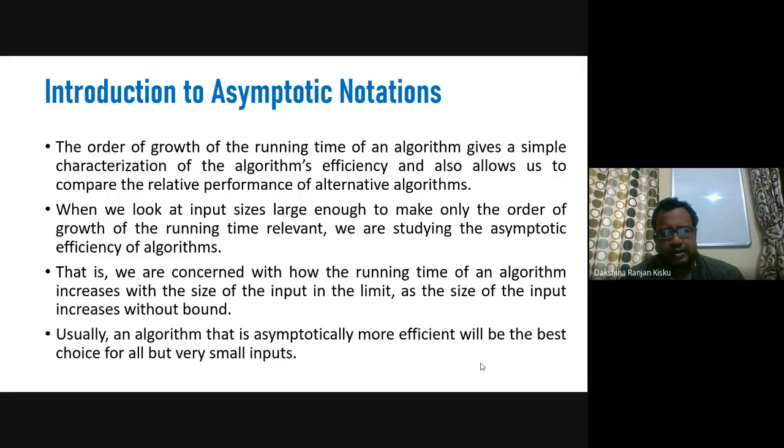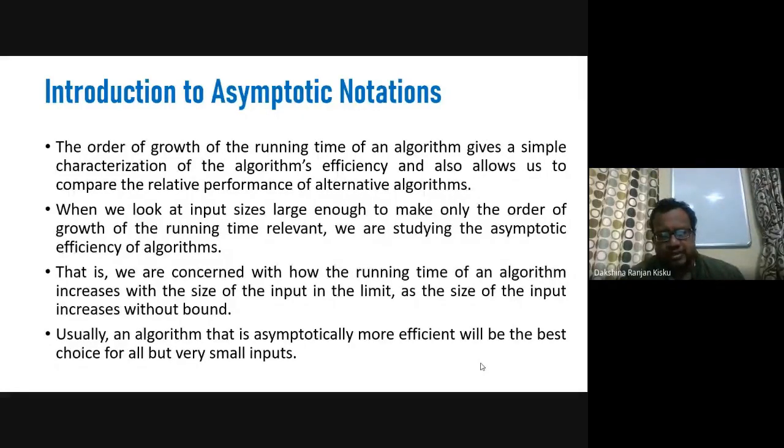So when we look at input sizes large enough to make only the order of growth of the running time relevant, we are studying it from a small size of input. Okay, and we can keep on increasing the input data, and as we keep increasing it, the order of growth rate of the running time will also increase, and for that there will be a change in the function.